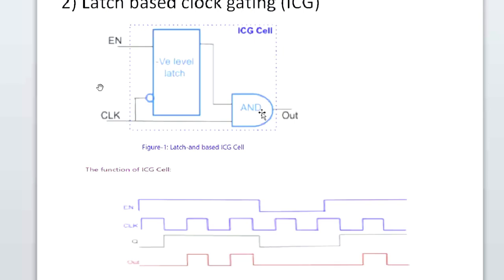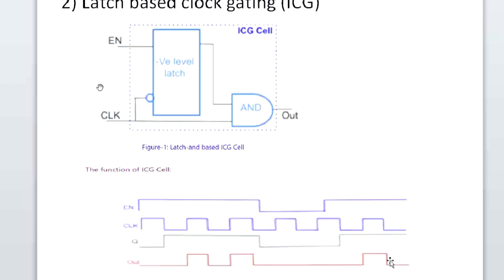We are merging this with Q and enable, so the output passes through when enable is high. Here we cannot see any clock glitches or clock jumps. That's why we are considering the ICG.